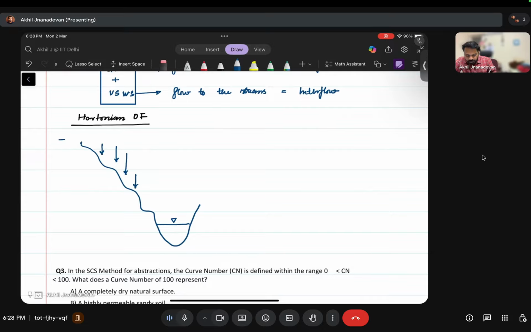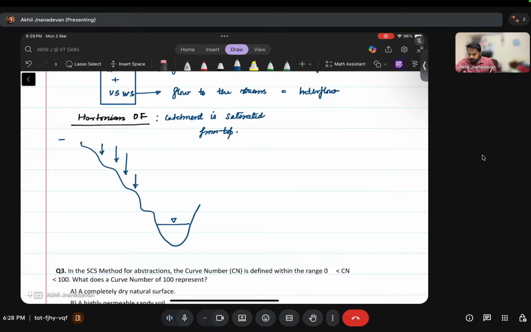So what we said about this is it is saturated from the top, right? So the catchment is saturated from the top.